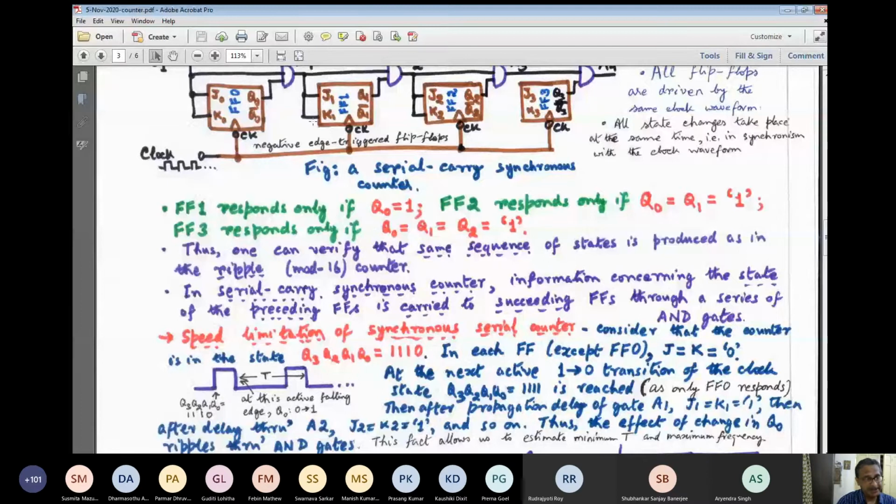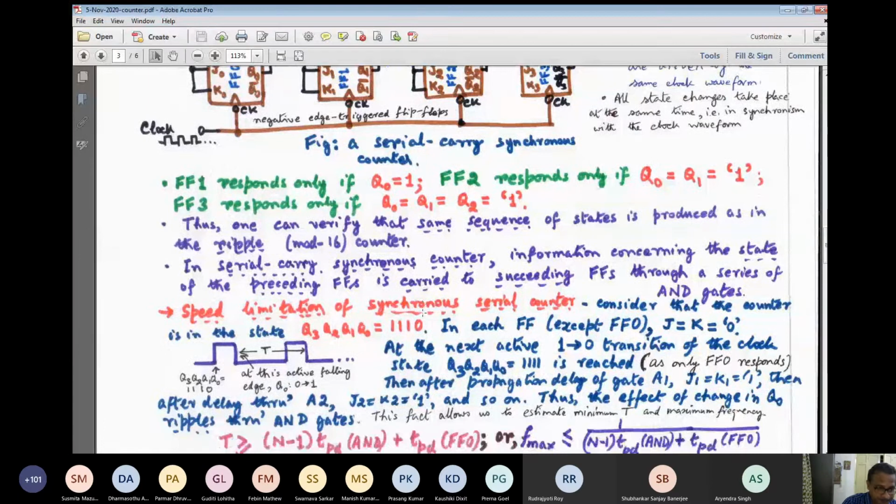If you extend the design for an n-bit counter, here n equal to 4, for n equal to 16, if you just repeat this design, the maximum frequency will depend on the propagation delay of the leftmost flip-flop, and then n-1, or for a 16-bit counter, 15 AND gates, if you just blindly repeat this design.